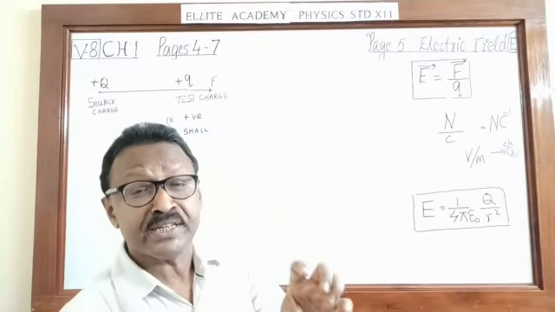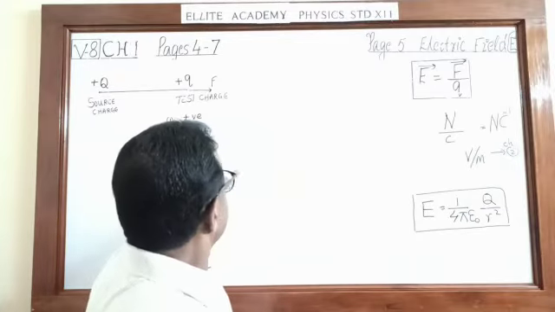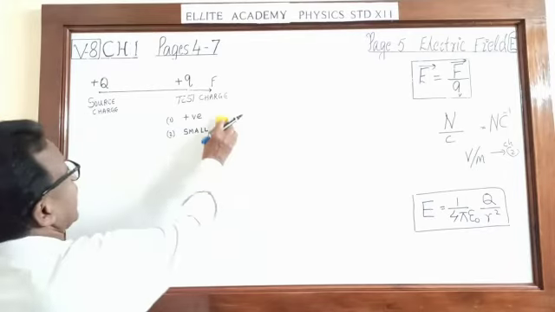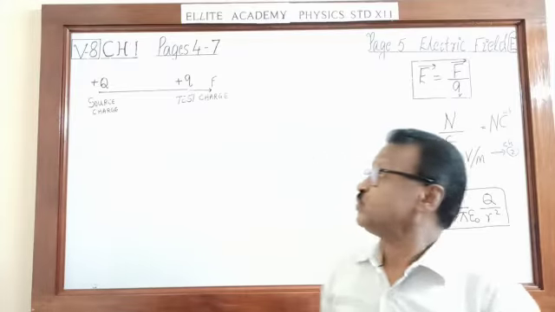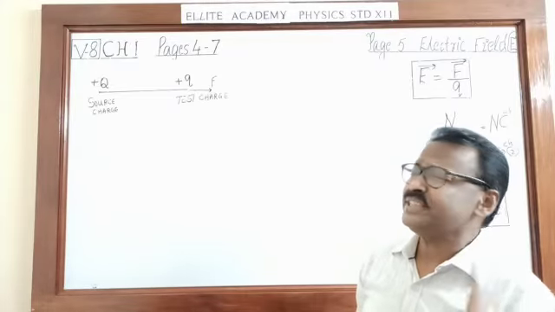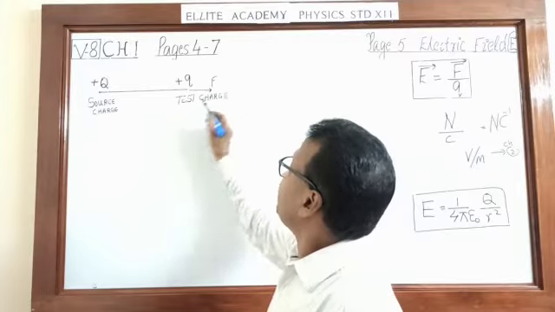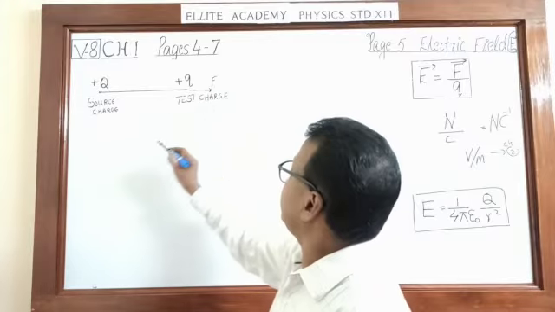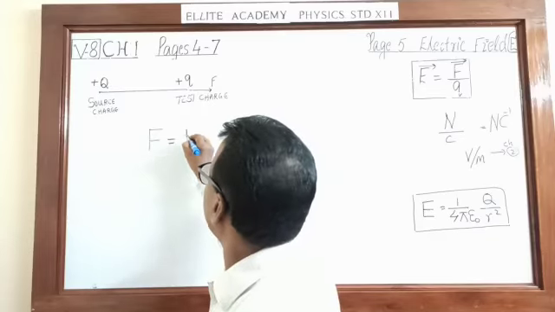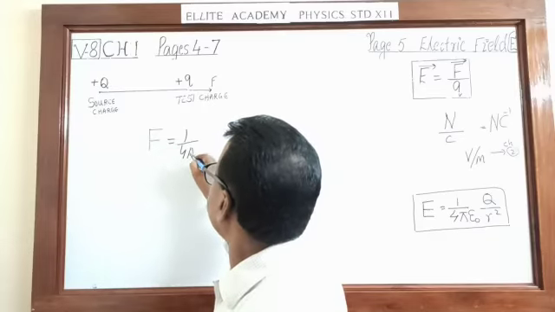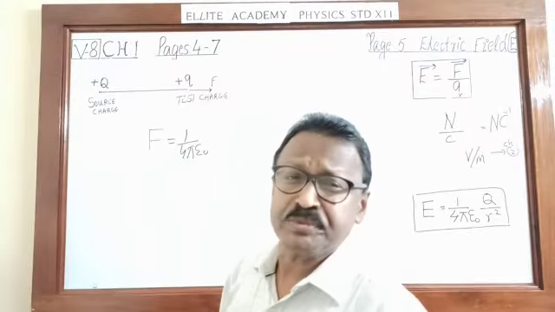Then how to find the expression for electric field? To find the expression for electric field, I make use of the same diagram. I am having the test charge q, electric field due to a single charge. Just one step. Everybody can find the force between the charges. Force between the charges will be F equal to 1 upon 4 pi epsilon 0 product of the charges.